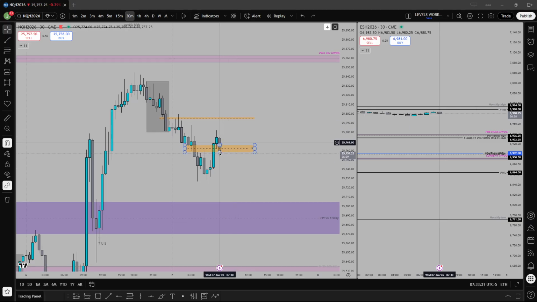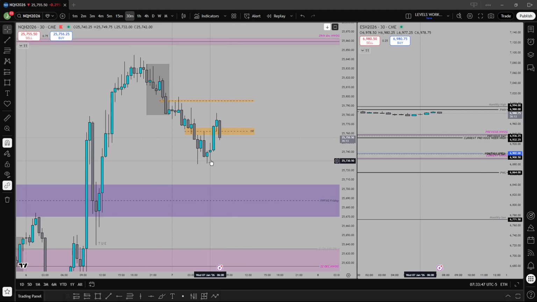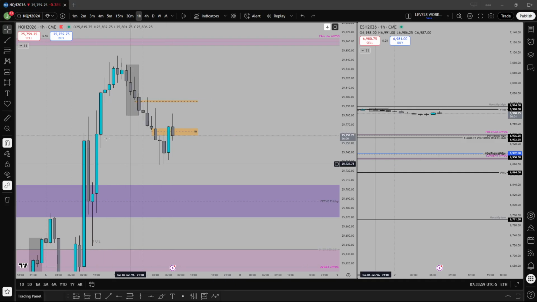I would expect price to drop pretty violently here, luring people to sell and for smart money to be counterparty. It would be a pretty good discount area since we would also be in the 30-minute fair value gap. It's also 1 hour's fair value gap.